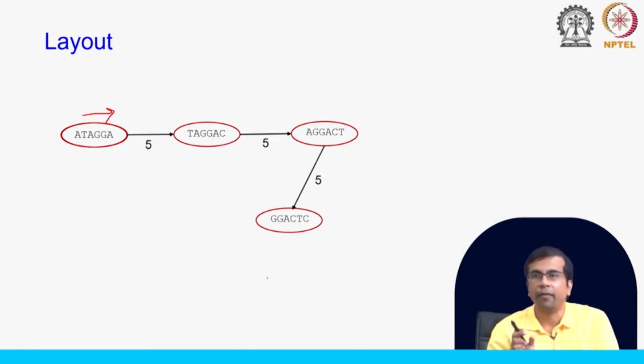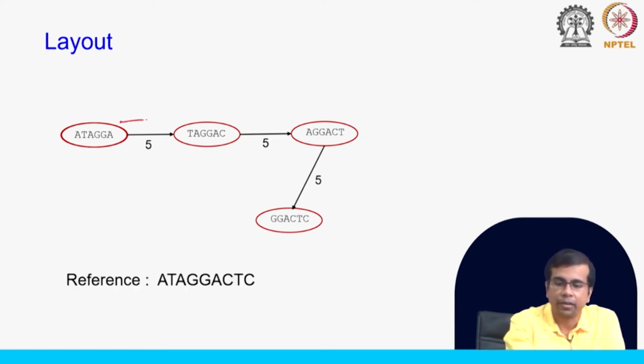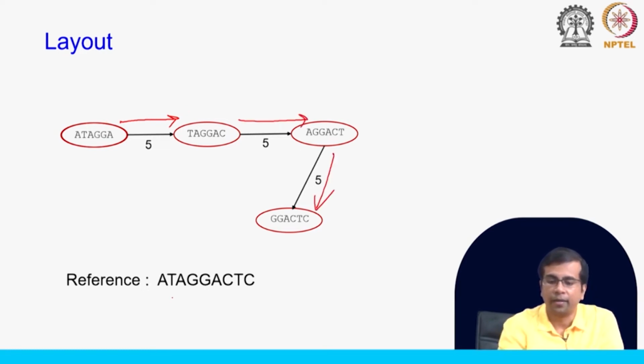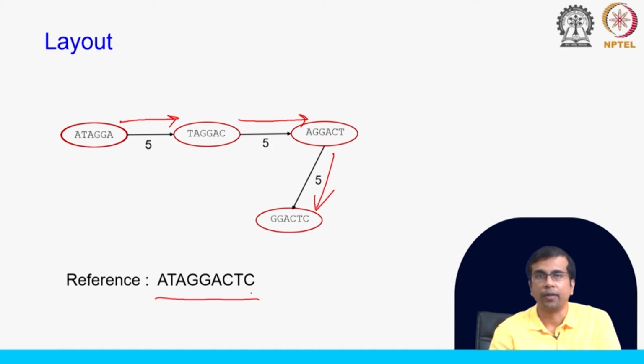We are traversing every node exactly once, and we can derive the reference sequence. By just traversing through these nodes and edges, we can find the reference sequence for these 4 reads.